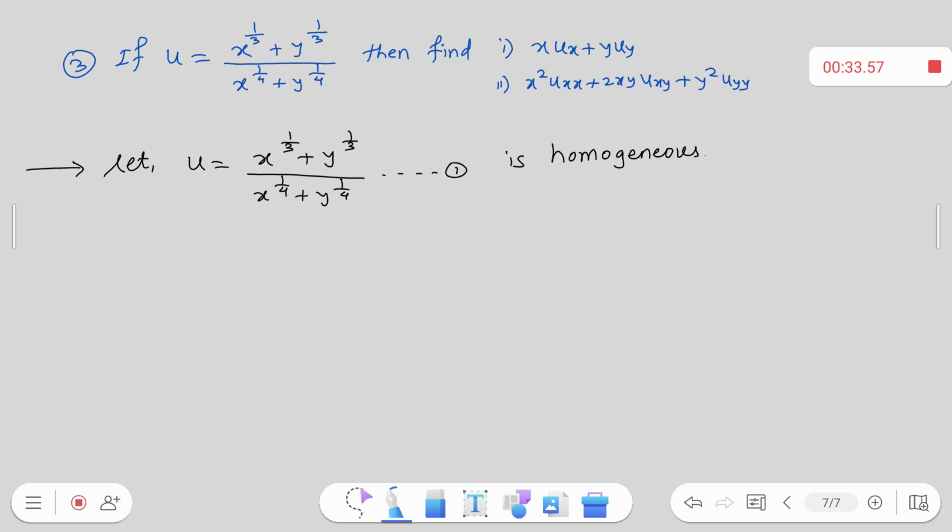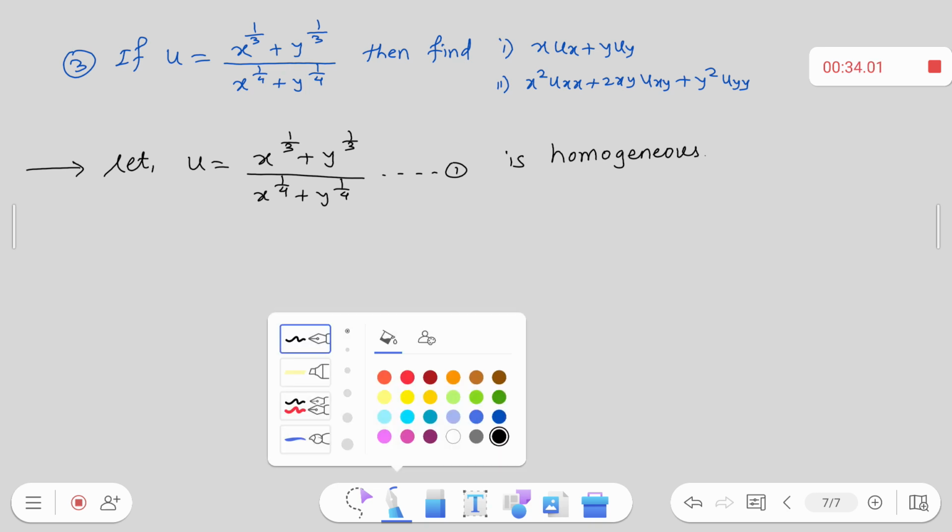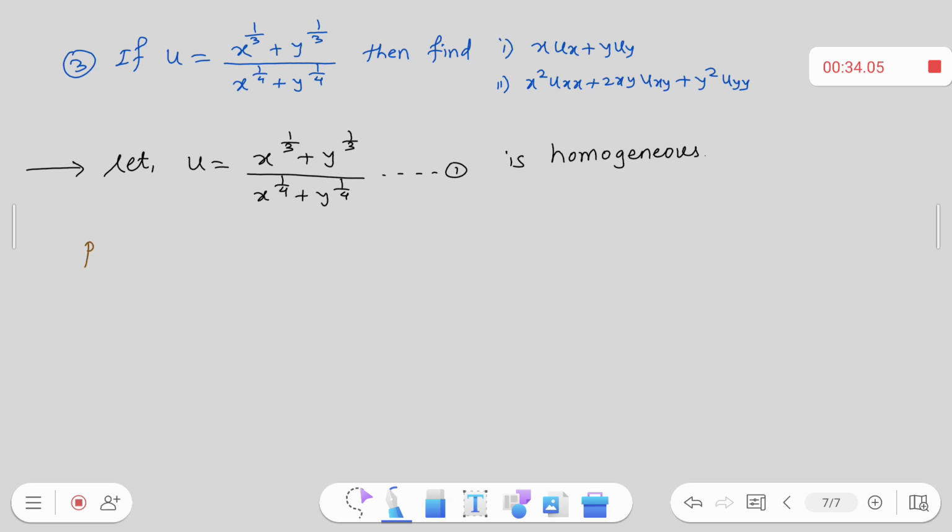So find the degree. For the degree, use the substitution x equal to xt, y equal to yt. Now we have only two variables, so the substitution is only for the two variables.